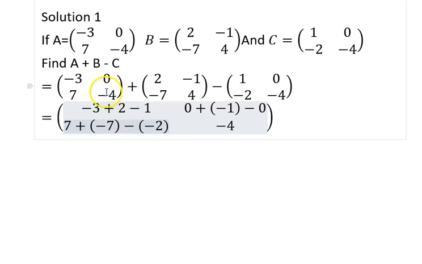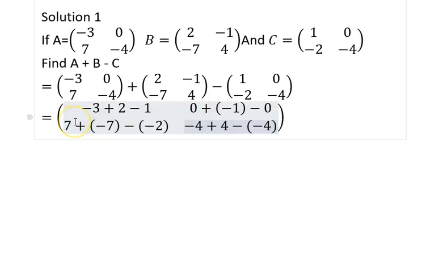Then the last one here, we have minus 4 plus 4, then the corresponding one from here, minus 4 plus 4 minus 4. Very key. So with this, we can now eliminate those that have brackets.